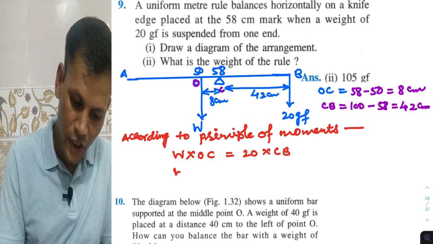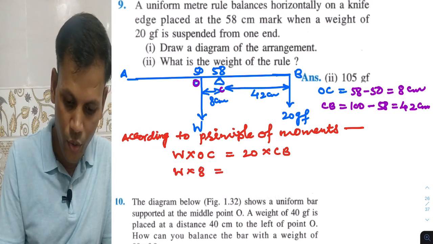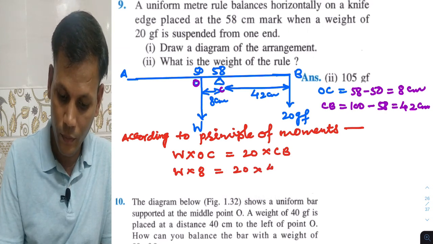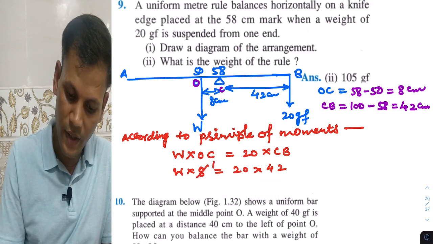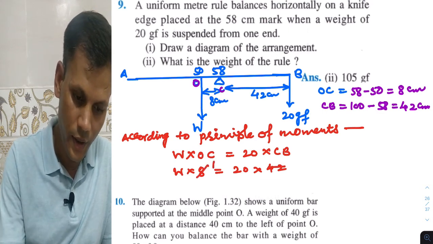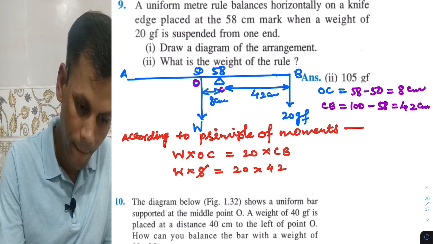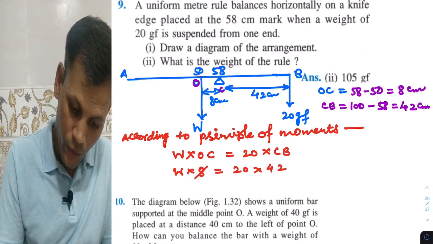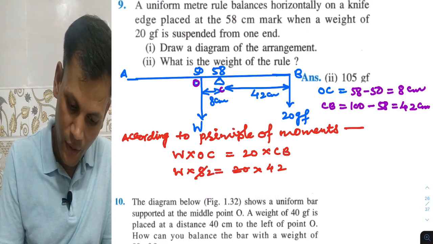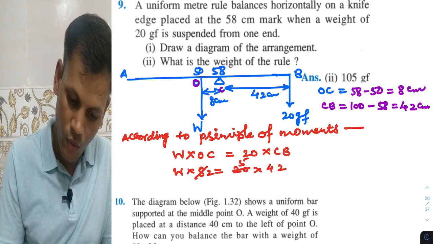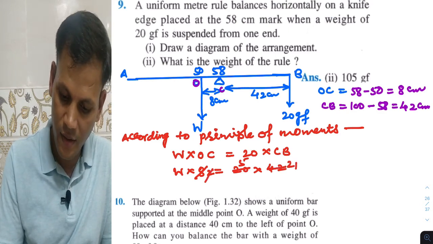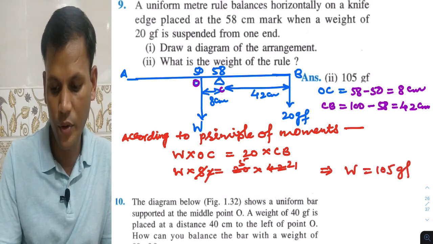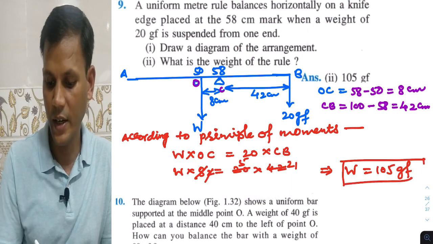So W into OC is 8 is equals to 20 into CB is 42. We have to calculate it. So 4 2s are 8 and 4 5s are 20. So 21 5s are 105 gram force. This is the final answer.